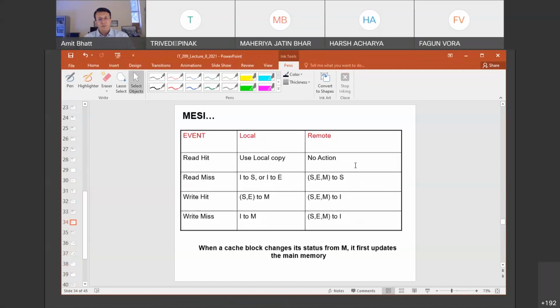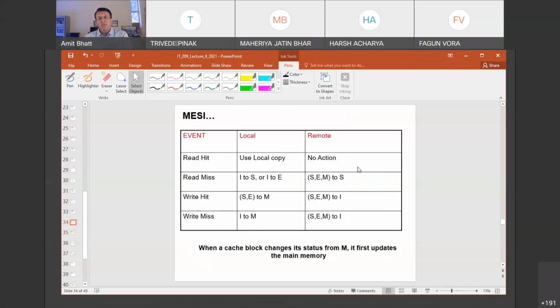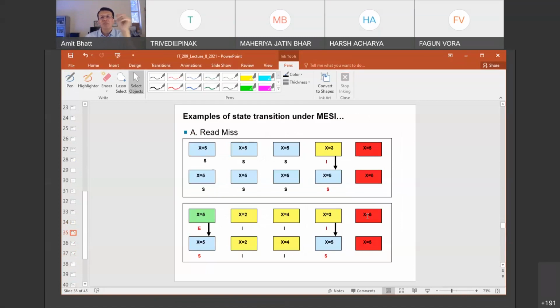There are a lot of things given here in the table, but I believe that you can understand better from an example. So I'm giving you an example. Let's say there are processors P1, P2, P3, and P4.